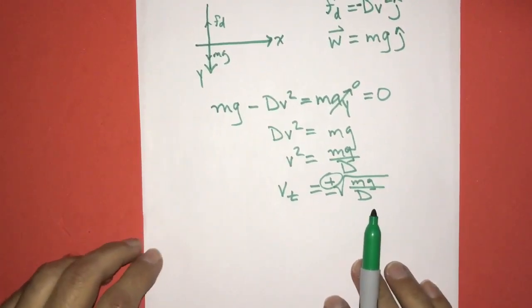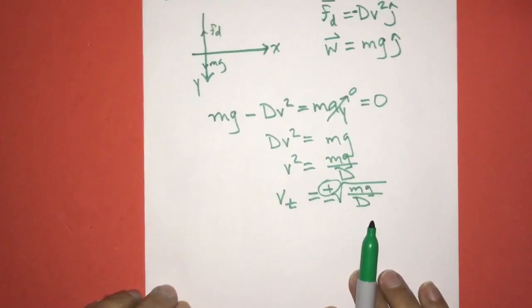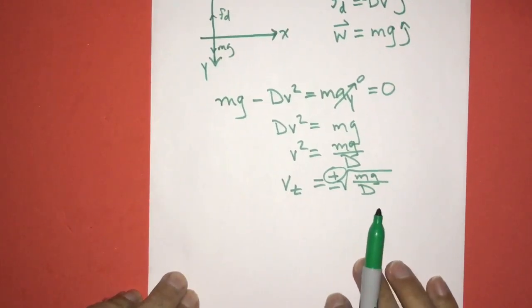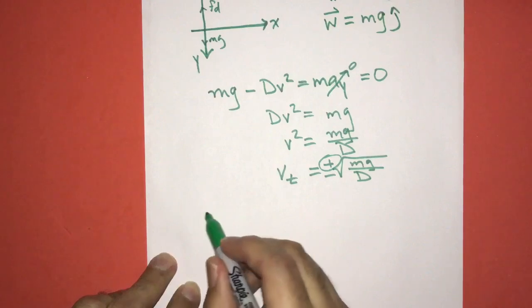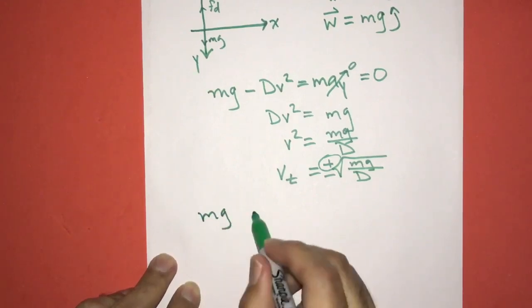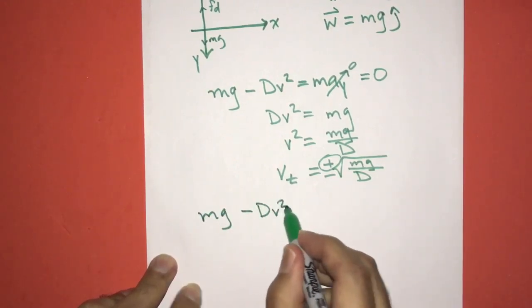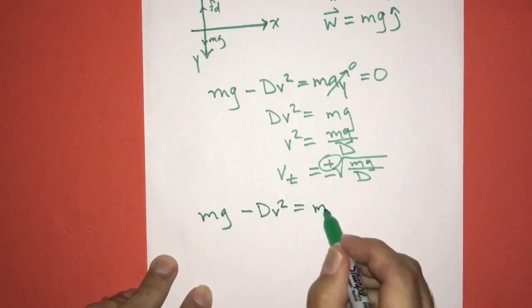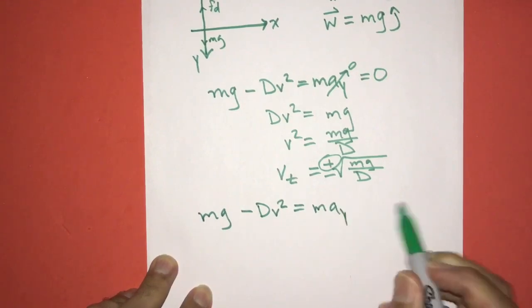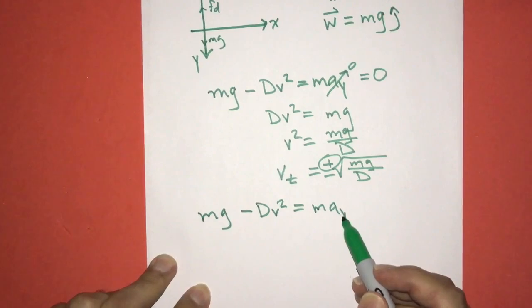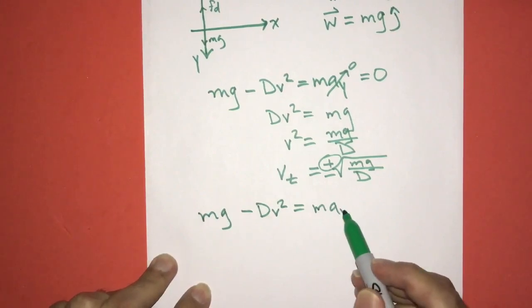Okay, so we're going to have to use Newton's second law. In this case, what are we going to get? We get mg minus dv squared equals m a sub y, which is our y component of acceleration.